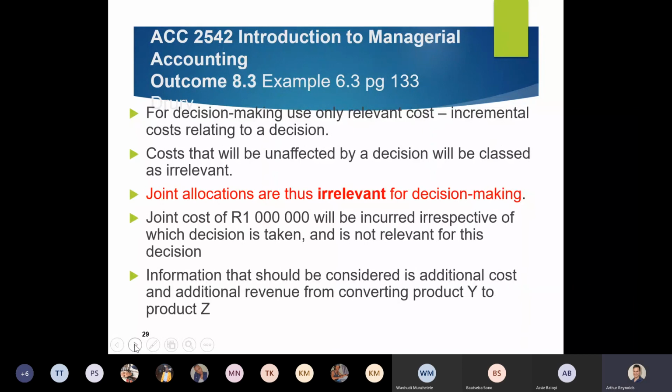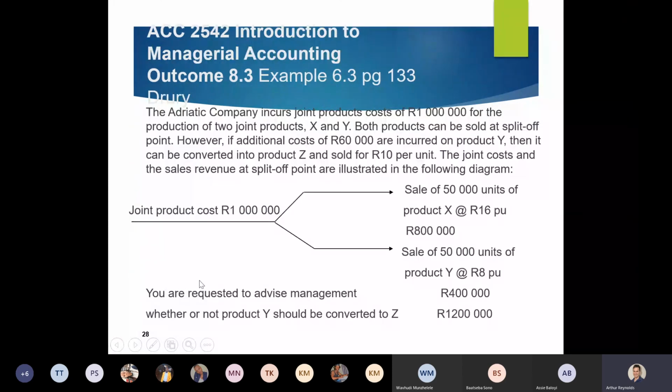Okay, so as I said, it's the relevant cost only, which is incremental cost relating to the decision. It goes back to that chapter about relevant costing. That's why it's important to understand it. Costs that will be unaffected by a decision will be classed as irrelevant. Joint allocations are thus irrelevant for decision making. The joint cost of 1 million Rand will be incurred irrespective of whether the decision is taken, and it's not relevant for the decision, which is this cost here.